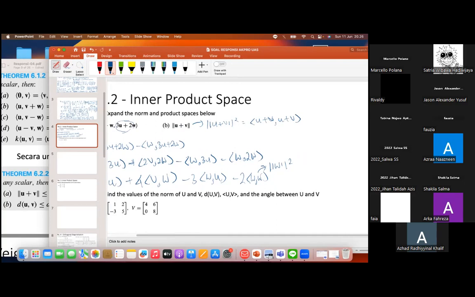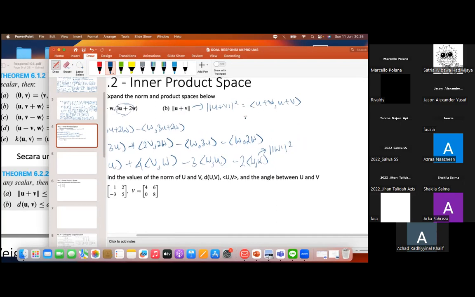And this expansion is equal to the norm of u squared plus 2 times u, comma v plus the norm of v squared. And so all you have to do to get the norm of u plus v is just square root the entire thing. Now we're done with this one.